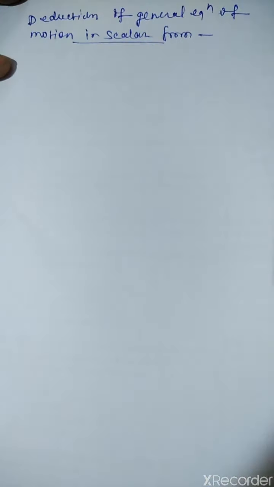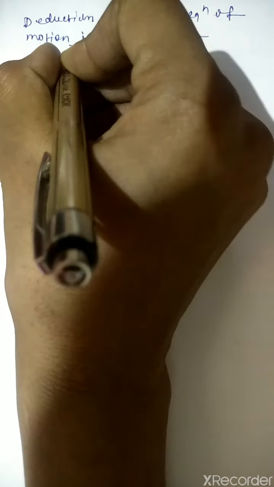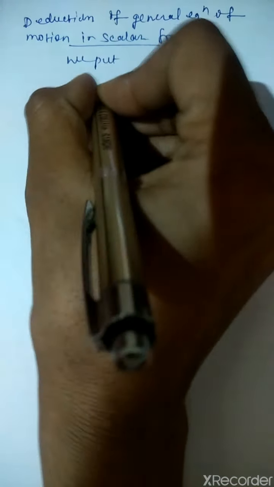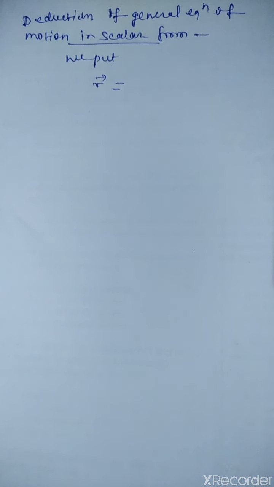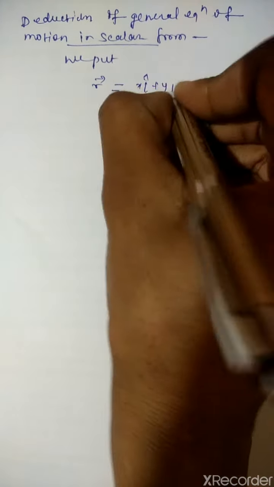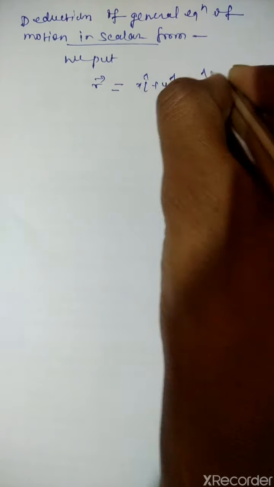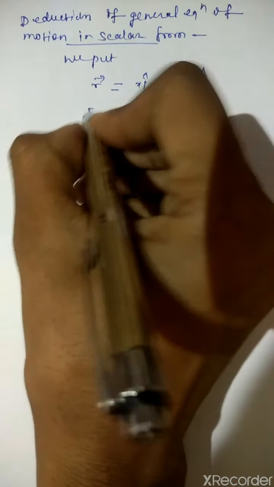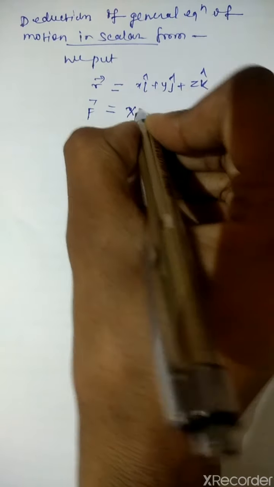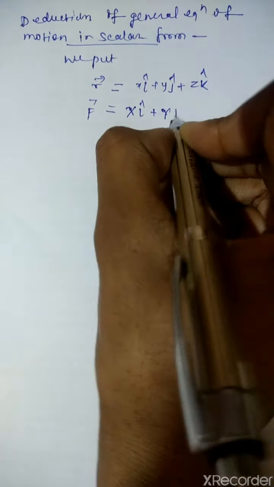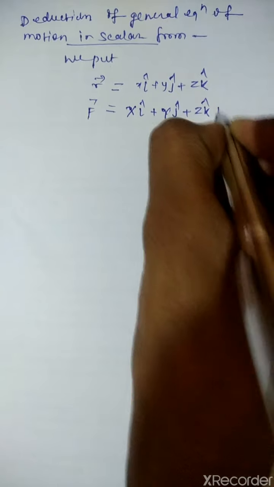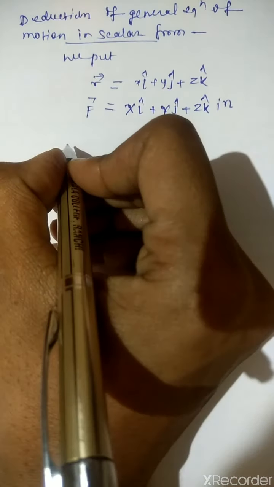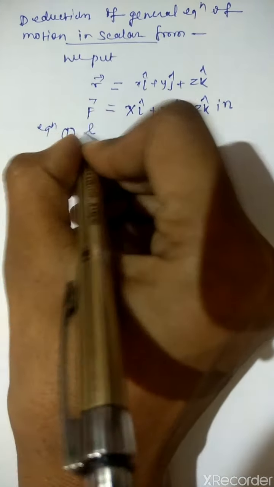To solve this general equation of motion, we put r equal to xi plus yj plus zk, and F equal to capital X i, capital Y j and capital Z k in equations 1 and 2.